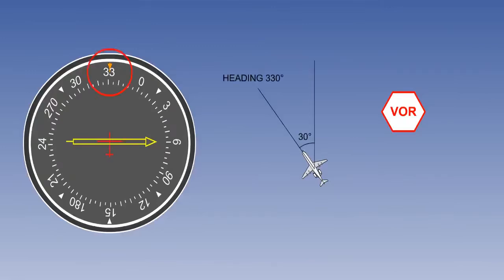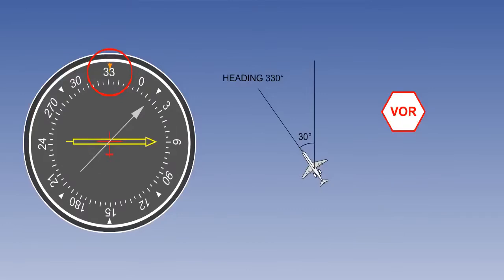The RMI indicates the aircraft's magnetic heading against a fixed heading index at the top of the instrument. Often there are two needles, one wider than the other, which can be tuned to two different beacons, either NDBs or VORs, or one of each.